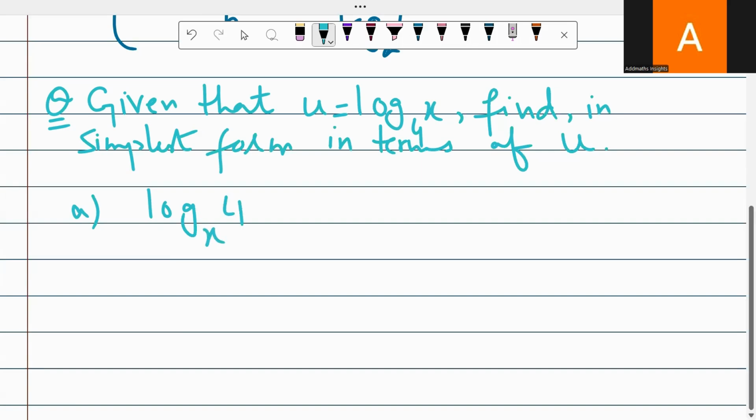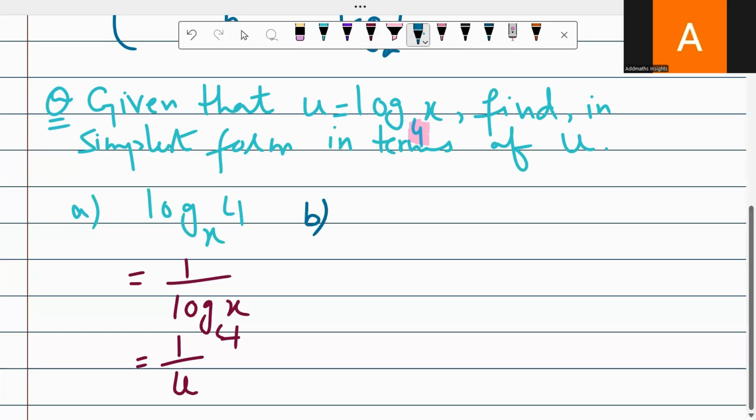When you read this question, you observe that log base 4 of x is u, and here the base of the log is x. So by using the change base law, you can write this as 1 over log base 4 of x. And what is the value of log base 4 of x? It is equal to u. So the answer is 1 over u.